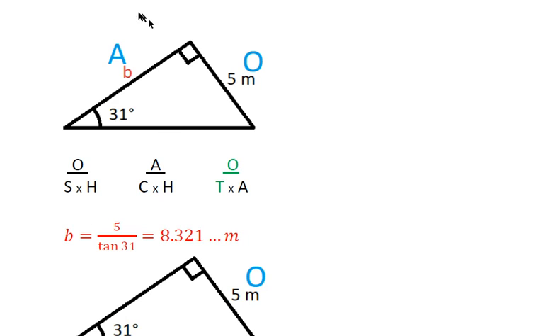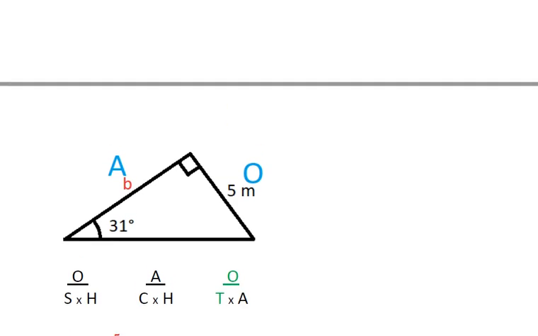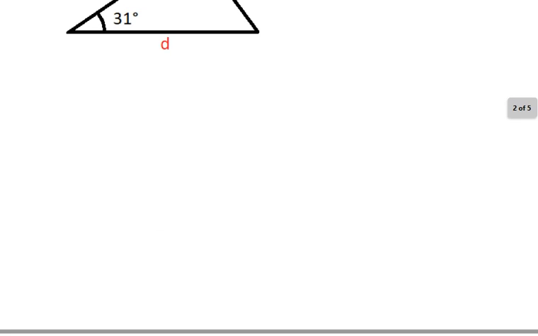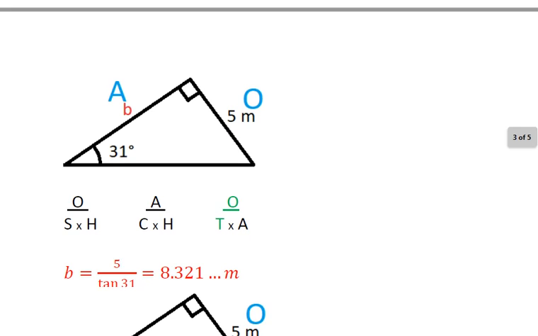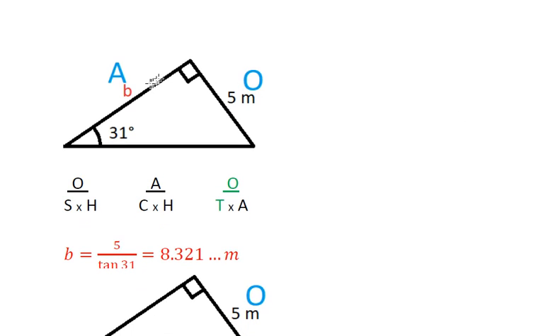So we do not put any of these big letters, A and O, over here yet, because we're not trying to figure out that side. I labelled it earlier as D, but I'm not trying to figure it out right at this moment. I'm just trying to figure out what B is at the moment.